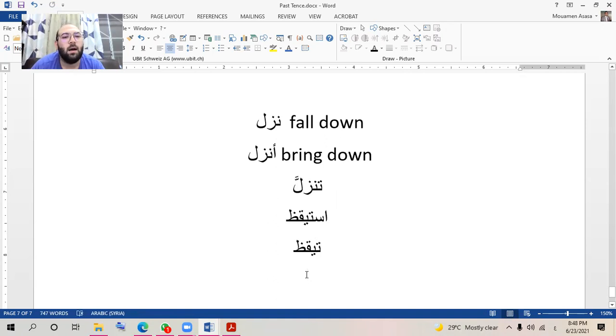Istayqadha and tayaqqadha, these 2 verbs, when I add certain letters, change the meaning to another verb. But the root, you can see, is included inside it. So this is the father of this verb, and this is the grandfather of this verb.